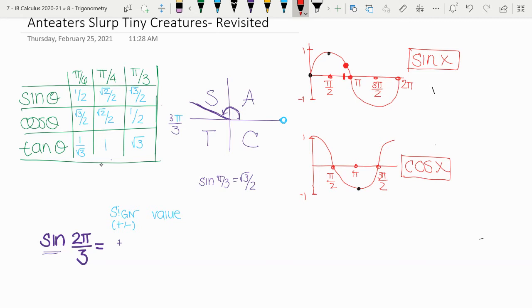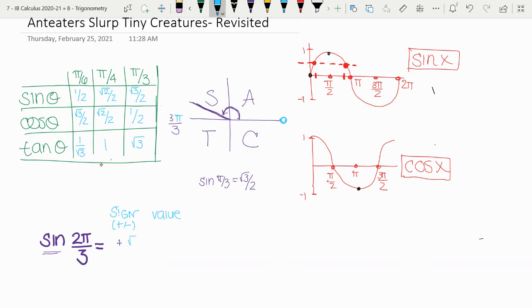Notice how pi over 3 would end up being over here. Now, this isn't drawn to scale, but do you see how they have the same value? It's based on the symmetry of the graph of the sine curve. So since the sine of pi over 3 is rad 3 over 2, the sine of 2 pi over 3 would also be a positive rad 3 over 2. And so that's my answer.